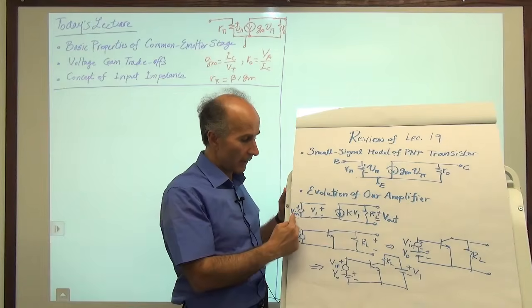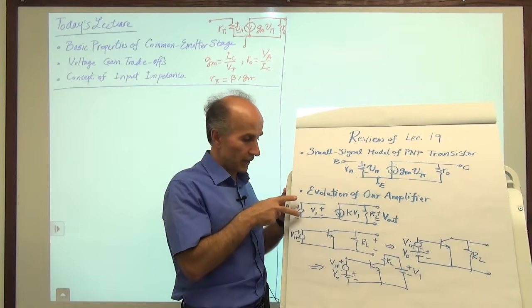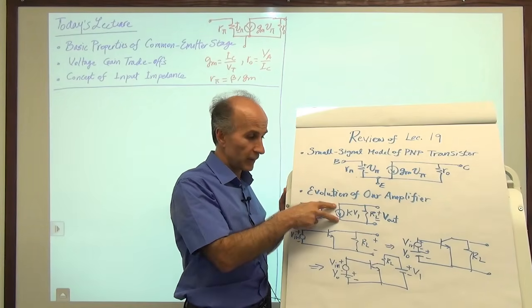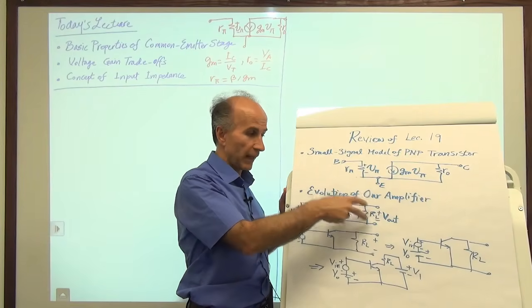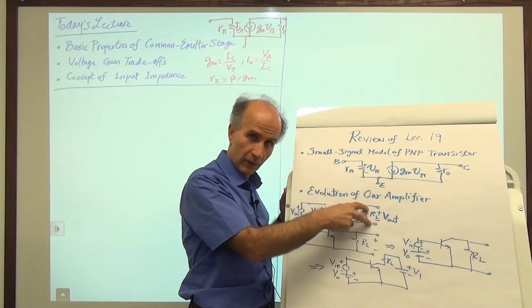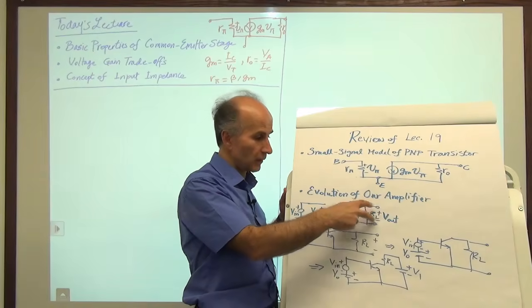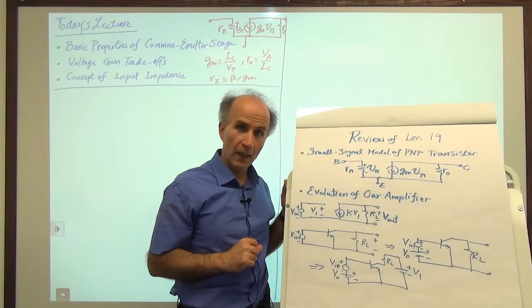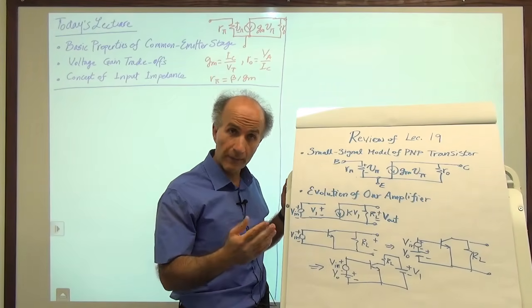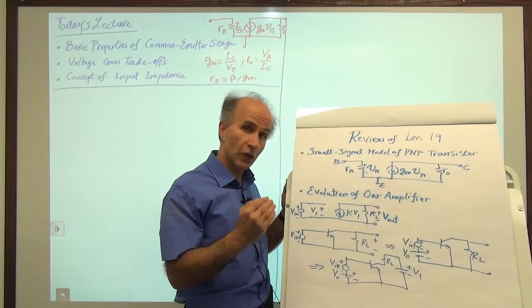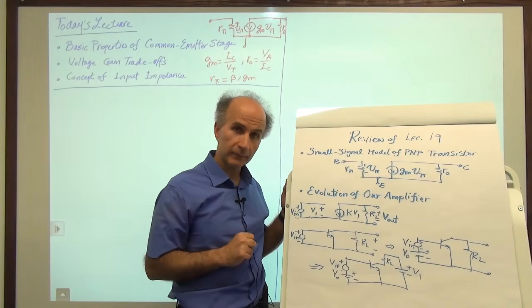So this circuit takes the voltage, converts it to current, then converts the current back to voltage by letting it go through the resistor, and that's how we generate the output voltage, which is hopefully an amplified version of the input.